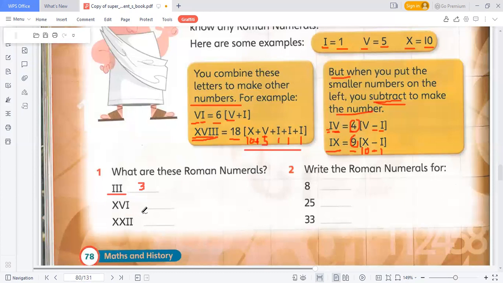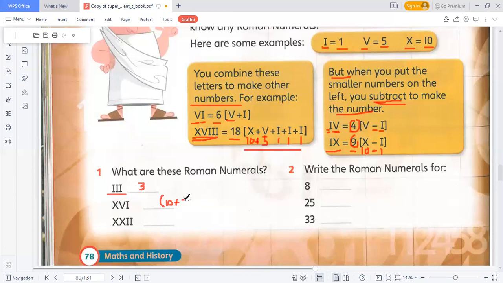So X is 10. All right, so I'm gonna put here 10, and then V is, what's the number for V? V is 5.